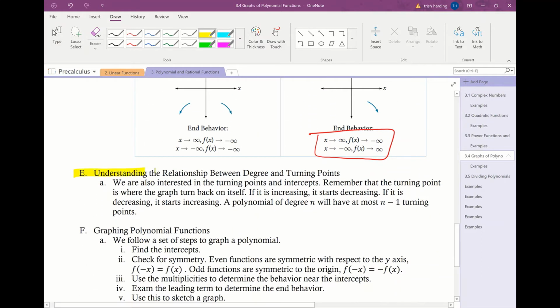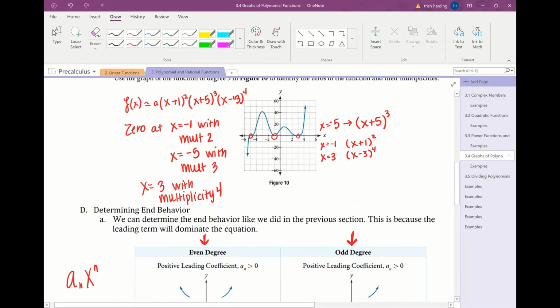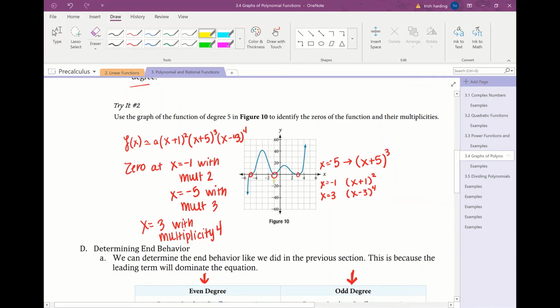So now the relationship between degree and turning points. Of course, we're interested in turning points and intercepts. Remember, a turning point is sort of like the vertex of a parabola where it goes back on itself. And remember, a polynomial of degree n will have at most n minus 1 turning points. So a 6th degree polynomial will have at most 5. A 5th degree polynomial will have at most 4. Now let's go up here.